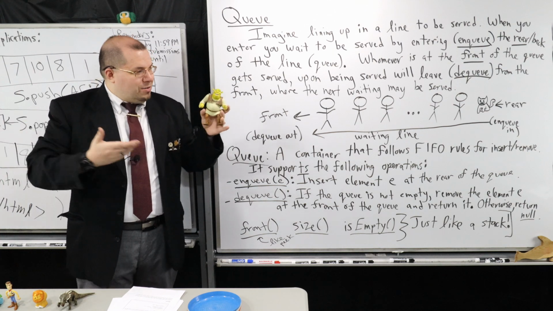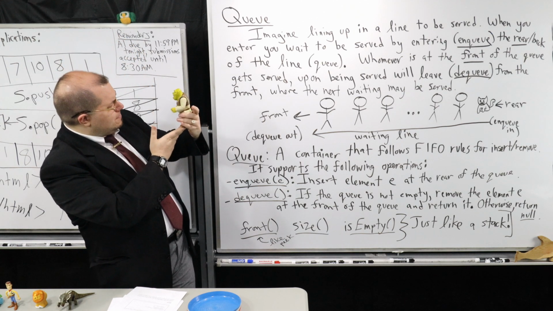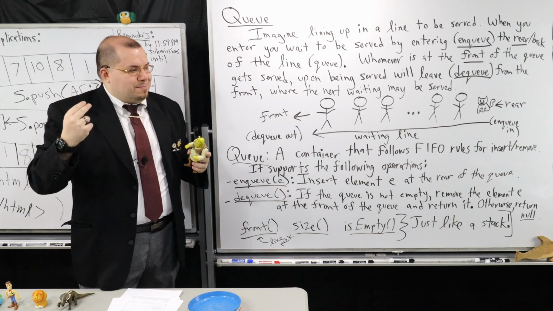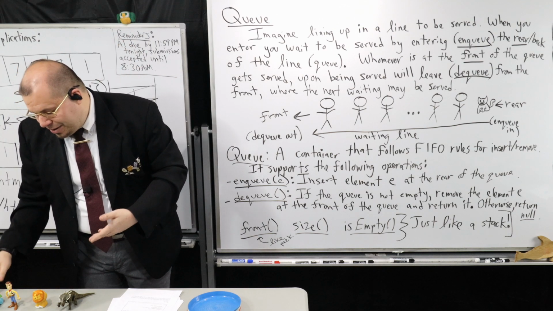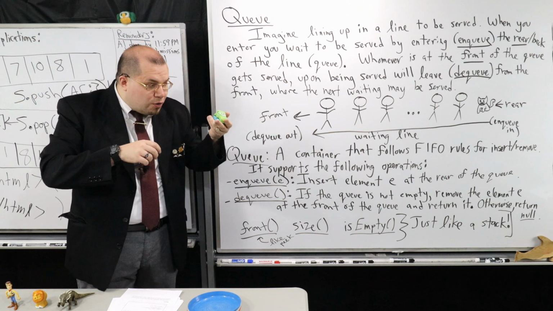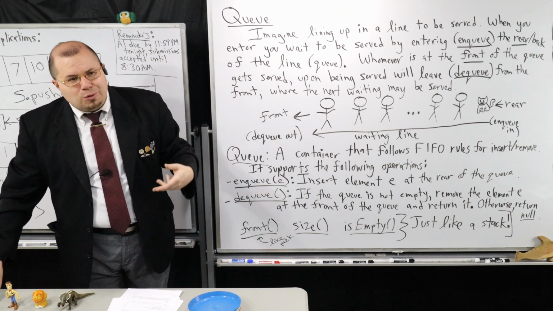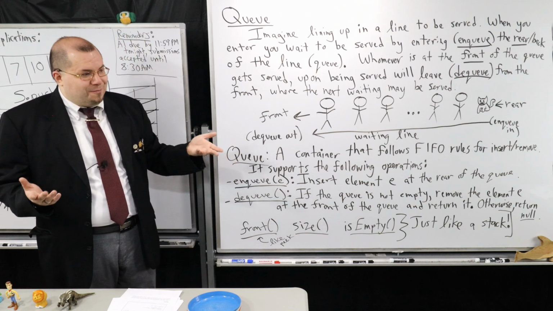Suppose my lovely green friend was still in the line. I can examine my friend here without having to worry about removing my friend from the line. Presently, the lovely green car is at the front of the line. I don't have to remove the lovely green car from the line; I could just simply return what it is. We'll refer to this as the front operation as opposed to peek, but they have the same functional purpose.